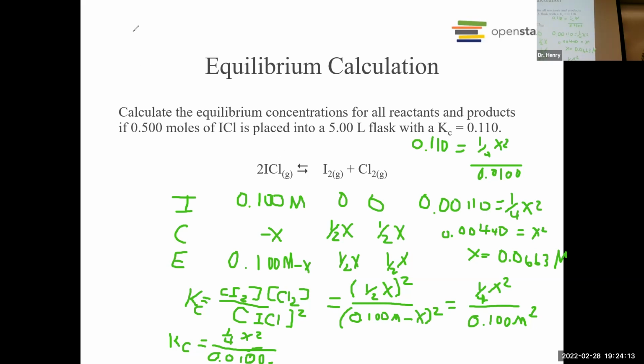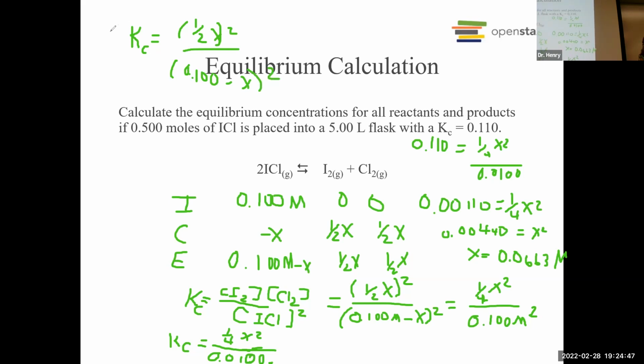Kc is equal to 1/2 x squared divided by 0.100 minus x, squared, right?